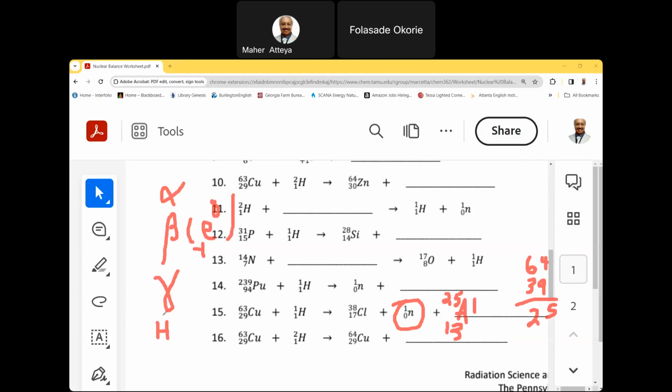Then you have positron, 0 and +1. Gamma, 0 and 0. This is helium, 4 and 2. And then there's protons, 1 and 1. And then the last one is neutron, 0 charge, and 1. So alpha, beta, gamma, protons, positrons, and neutrons. Those are the ones we are dealing with.